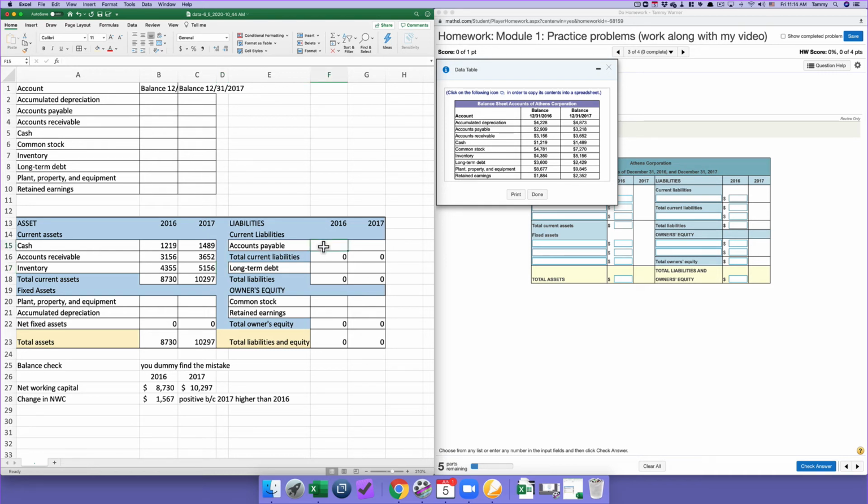Okay, the accounts payable is $29.09. Long-term debt, excuse me, is 3,600. Property, plant, and equipment.